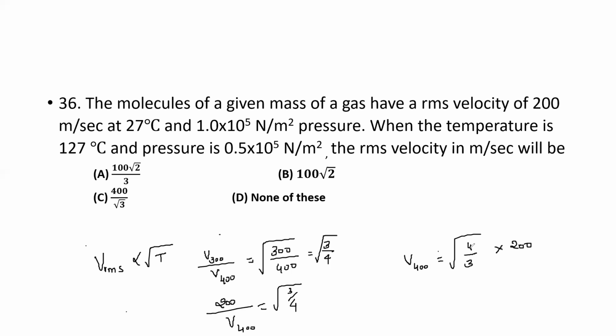Root of 4 is nothing but 2. Therefore, we can write it as 2 into 200 divided by root 3. That is 400 divided by root 3 meter per second. So option C is the right option.